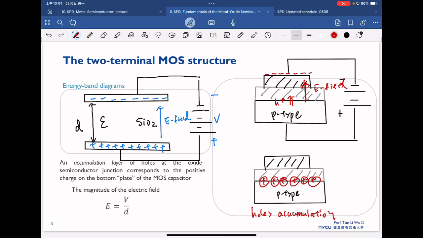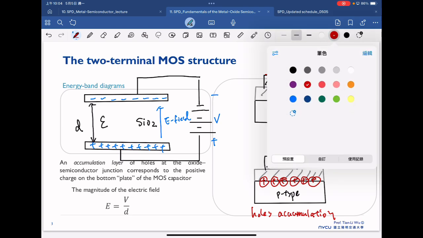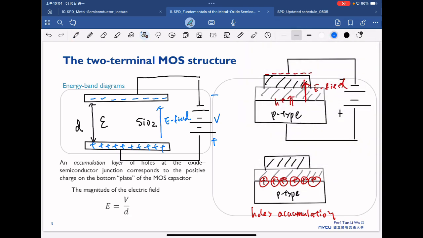So then the top figure will become the one showing on the bottom figure.